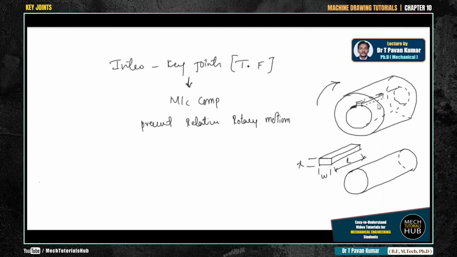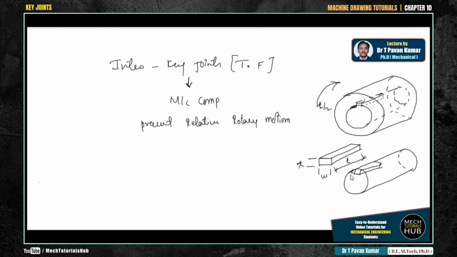It is not compulsory all the time that the keyway is provided only in the hub. In some cases, a keyway of T by 2 thickness is provided in the hub, and a keyway of T by 2 thickness is also provided in the shaft portion. In a few cases, this is also possible.